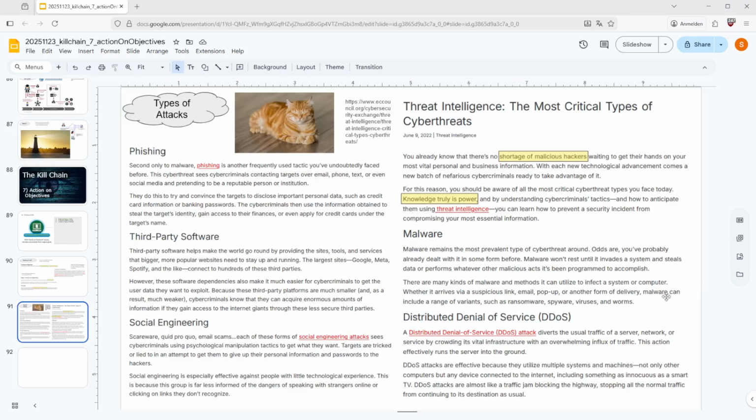So odds are you've probably already dealt with it in some form before. Yes, of course you did. As a kid in the Windows 98 era, it was full of viruses. This was ridiculous. In recent days, on this Windows 11 machine here, I feel like the pre-installed antivirus is doing a somewhat good job. But back in the day, Windows XP, Windows 2000, Windows 98, 95, it was a nightmare.